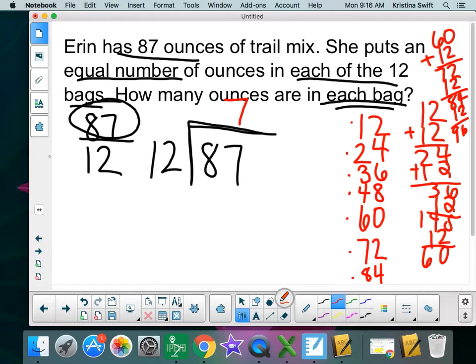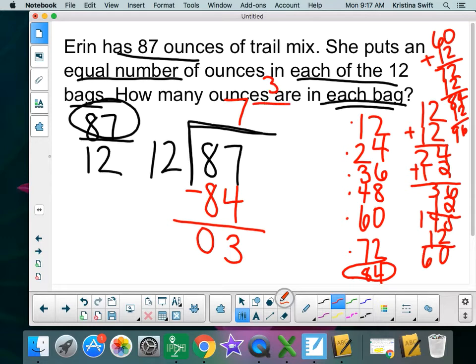I'm going to put my 7 on top. And that 12 times 7 was 84. So I'm going to put my 84 down here, and I'm going to subtract, and I get 3 as my remainder. So instead of saying I have a remainder of 3, I can actually find out how much I need to put in each bag with that remainder.